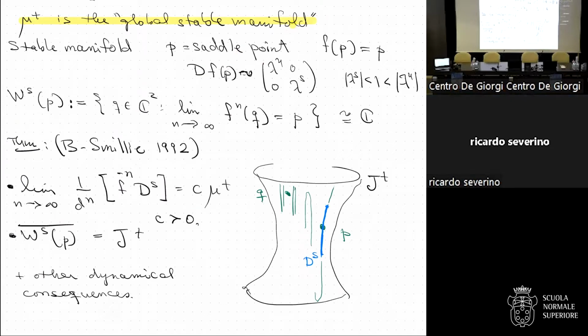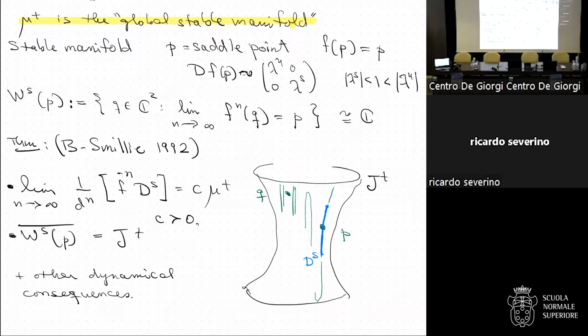So, a piece of philosophy: mu plus is what you have when you take the stable manifold and make it global. We can think of it as the global stable manifold. You take a saddle point, take a little disk in there, and to say that it's the global stable manifold means that if I take this disk and start pulling it backwards n times, I have to divide by the right normalization, since I'm making the degree grow by a factor of d every time.